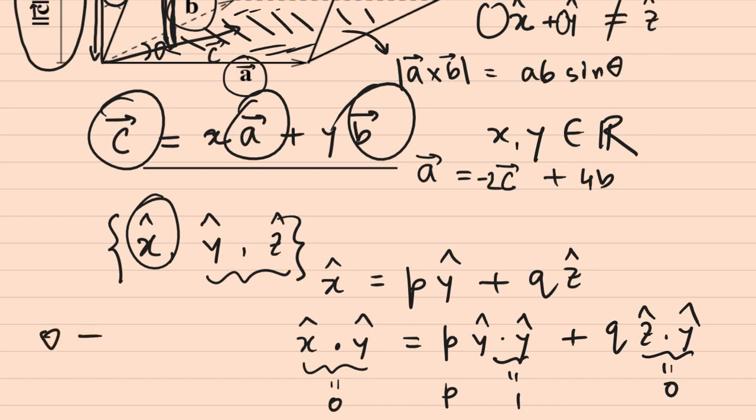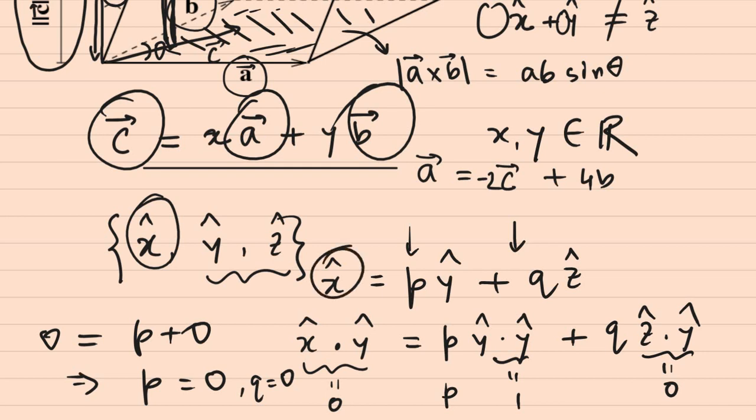Because 0 equals p plus 0. So what other option does p have? p is bound to be 0. Similarly, you can also show that q is going to be 0. So p and q are identically 0 because x hat is independent of y hat and z hat. That's why this set is called a linearly independent set.